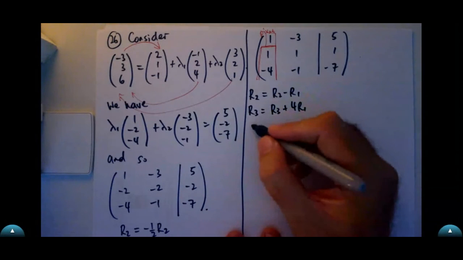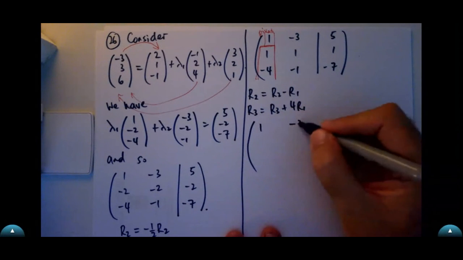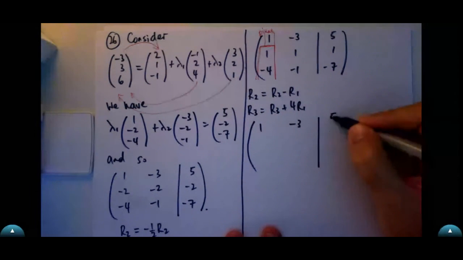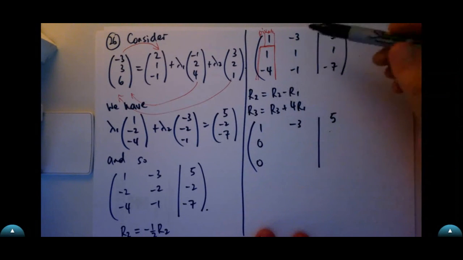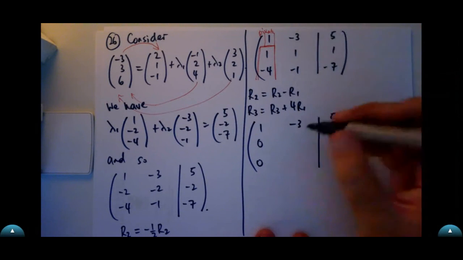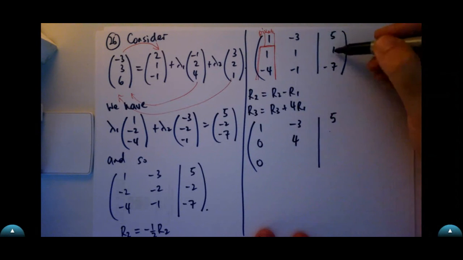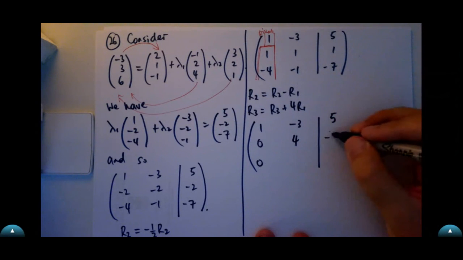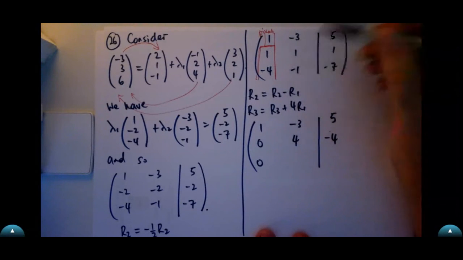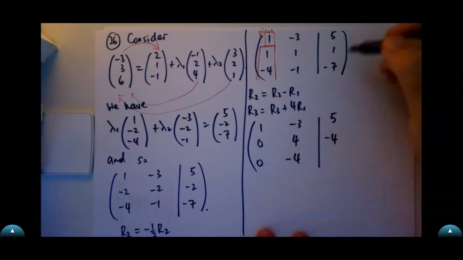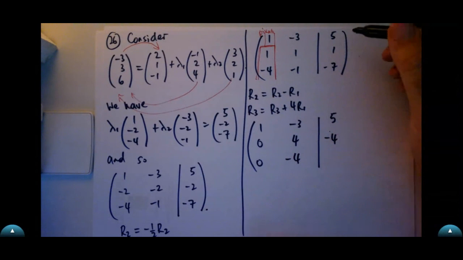Yep. So now what are we going to get? Well, row 1 is not going to change. That's going to become 0. That's going to become 0. So 1 minus negative 3. 1 minus 5. That's 0. That plus that is going to be negative 4. That plus that.